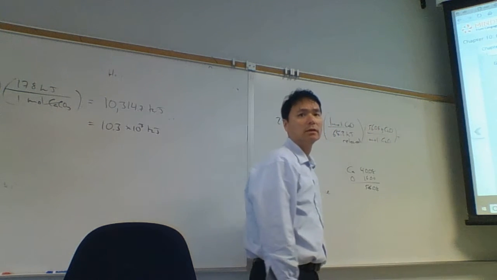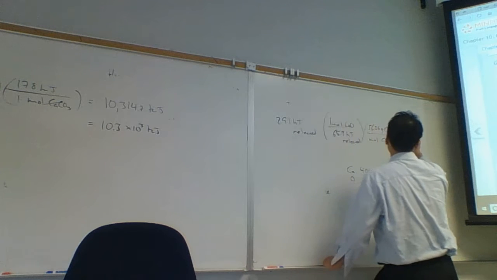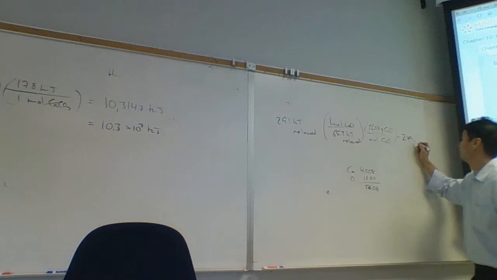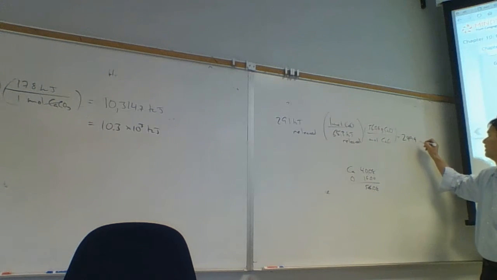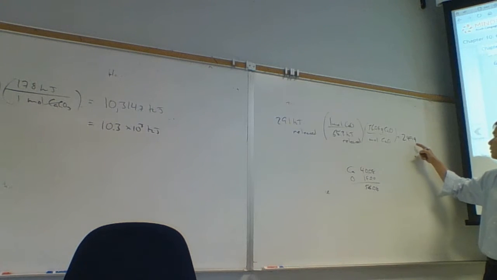And so what did you get? 249.0.9. Okay. And so this will round to 250 grams of calcium oxide.